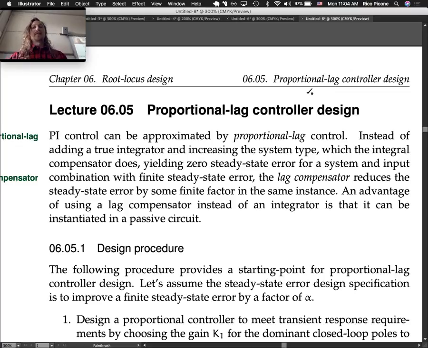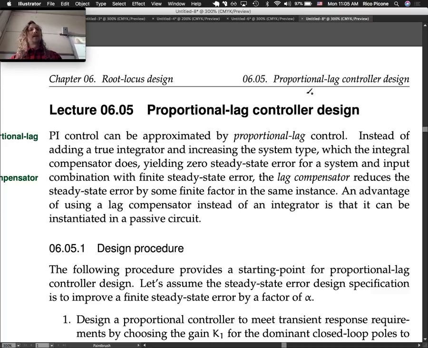The lag compensator instead reduces the steady-state error by some finite factor in the same instance. So instead of taking a system that has finite steady-state error and yielding 0, like putting the integrator in does, putting a lag compensator in after you do the proportional controller design gives you a finite reduction in steady-state error.